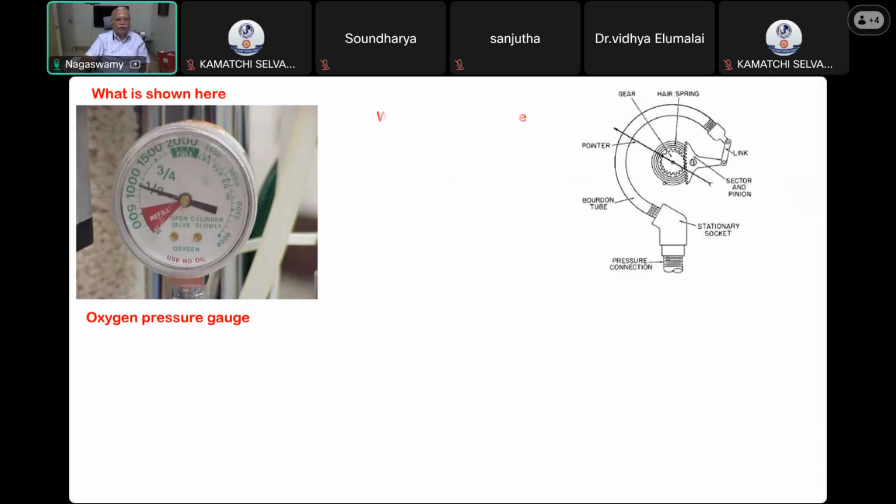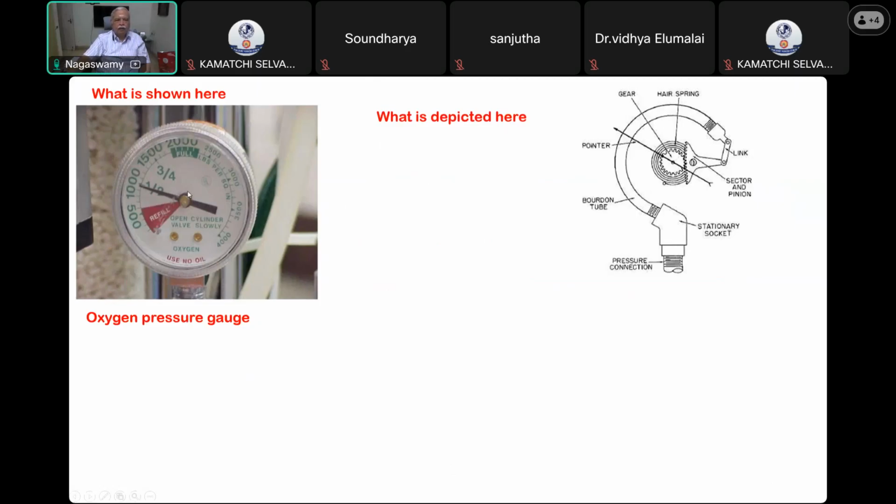Okay. And also the earlier machines used to have a straight pressure gauge like this. Nowadays they have an angulation. Okay, so there is a bend, and the pressure gauge is in an angulated form. That is the reason why even if it ruptures, it will blow out on the back side and not on the front side.